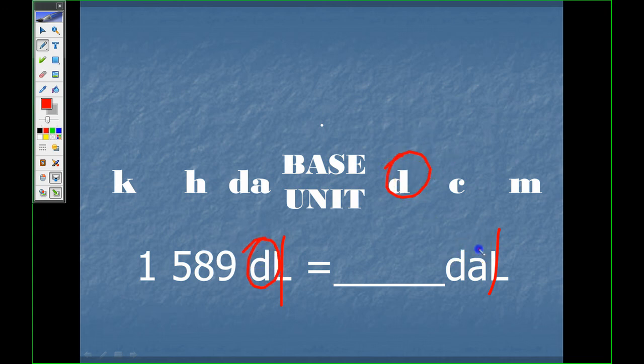We are trying to figure out deca. So we start here, 1, 2. We move the decimal point, 1, 2. 1,589 deciliters is the same as 15.89 decaliters. The unit got bigger, so the number got smaller.